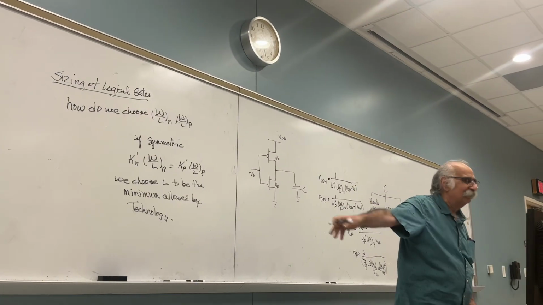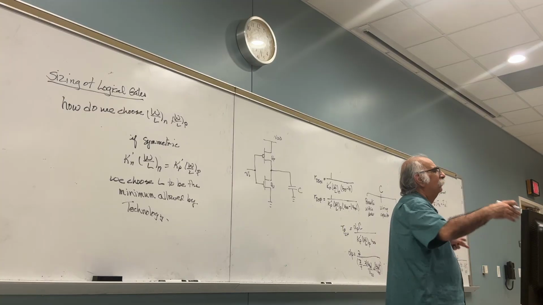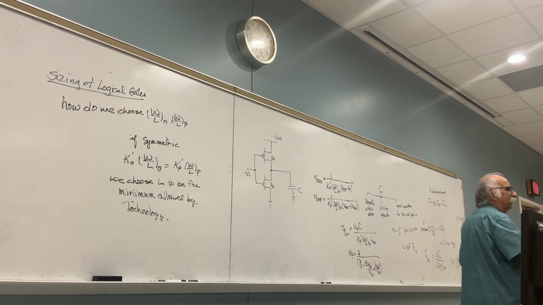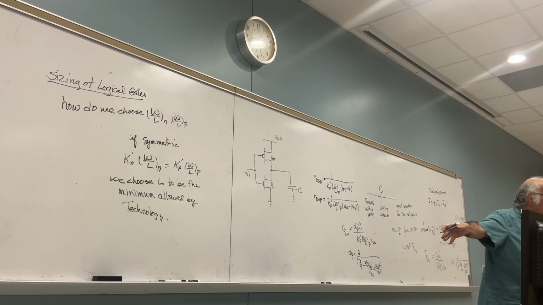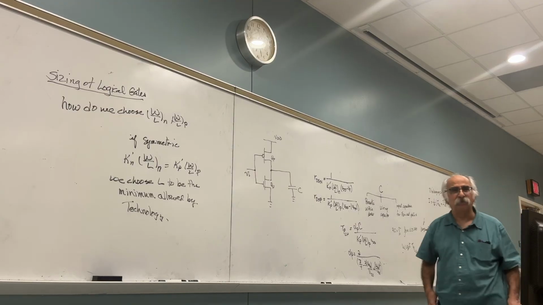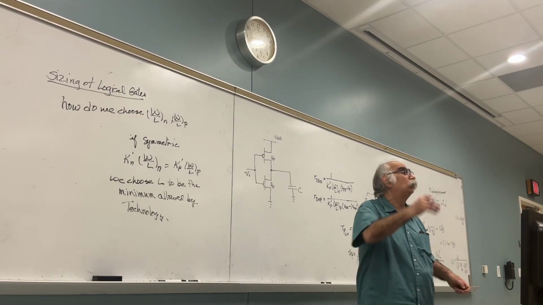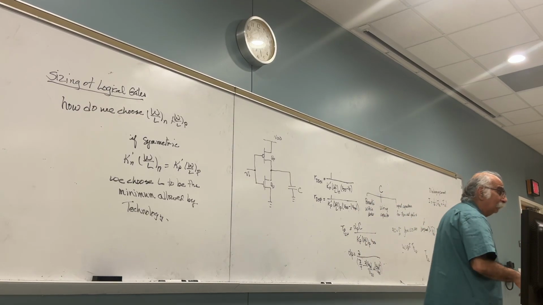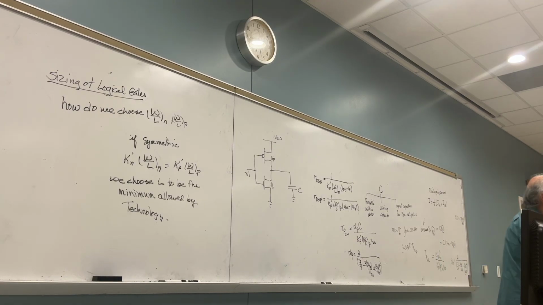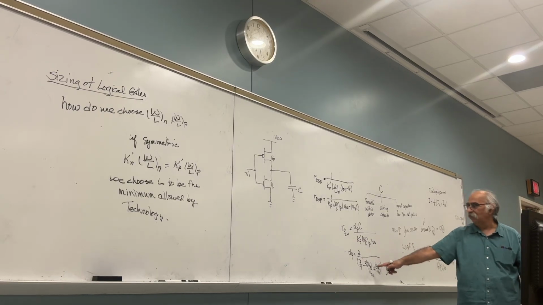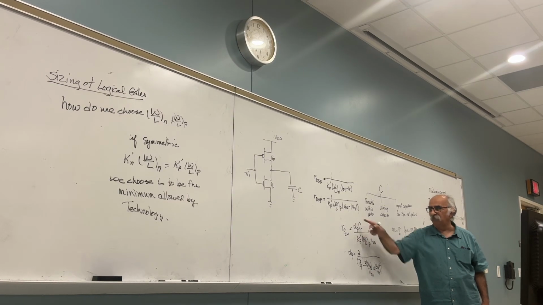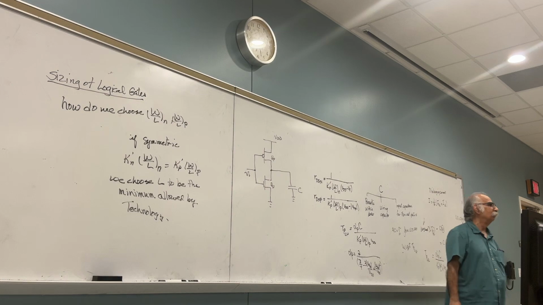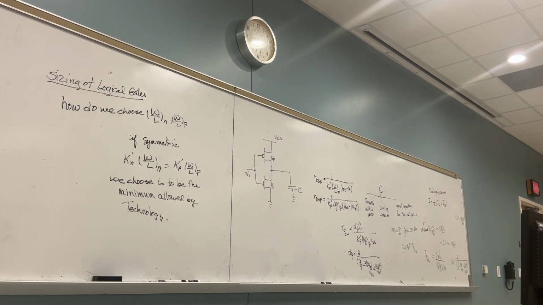That's the L. 45 nanometer, 13 nanometer, that tells you L. So it tells you to choose L for both the NMOS and the PMOS to be the same and to be the minimum allowed. Clear? Why minimum? One more time. Why minimum? Because if L is minimum, this one is maximum, this one is minimum. They become faster. Clear?